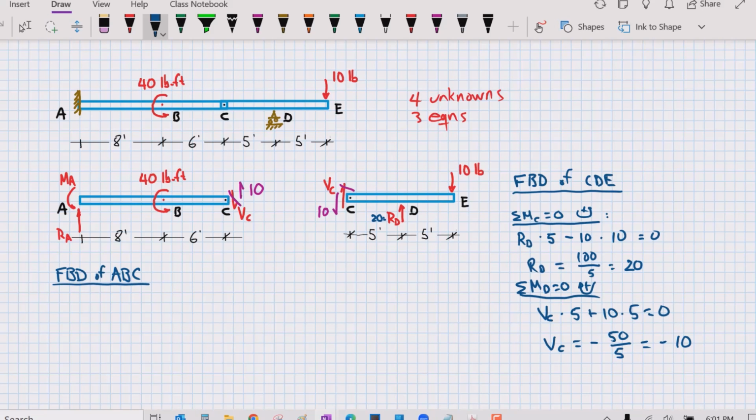What do you want me to do first? What would you do? Summation of moments at A equals to 0. I will do positive in this direction. So I have moment at A plus 40 plus 10 times 14.